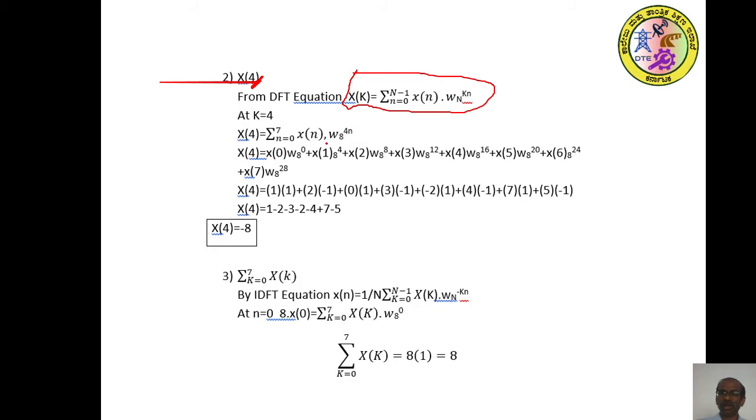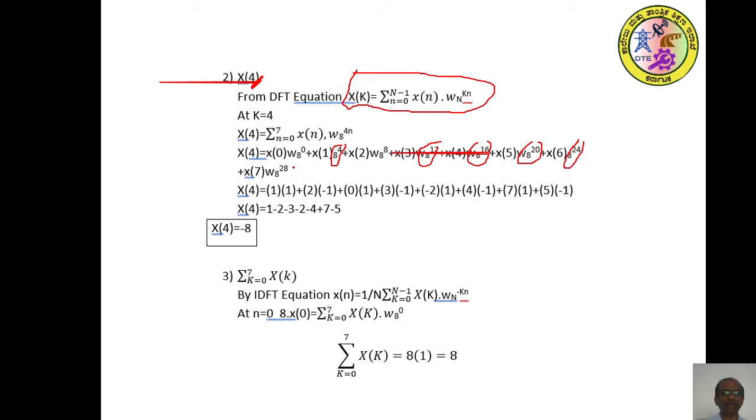Expand this formula. x of 0 omega 8 power 0, x of 1 omega 8 power 4, x of 2 omega 8 power 2 times 4, 3 times 4, 5 times 4. Use your periodicity property for all these problems. There is a small typing mistake, be careful.